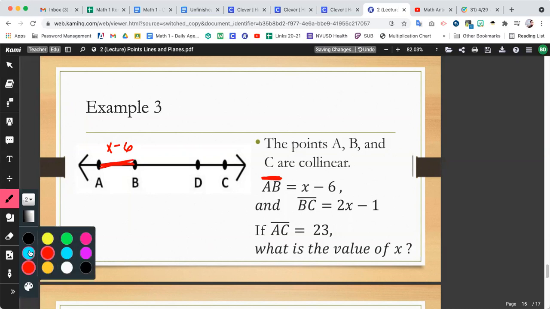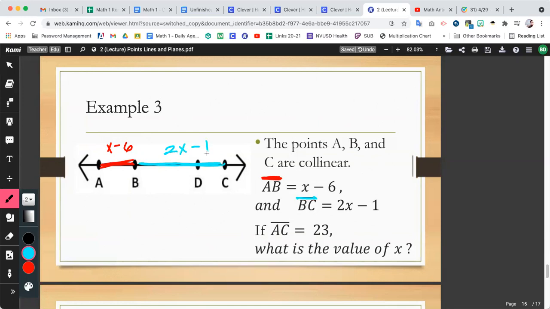It then says BC, B to C, is 2x minus 1. If AC is 23, so A to C, that whole length is 23, what is the value of x?